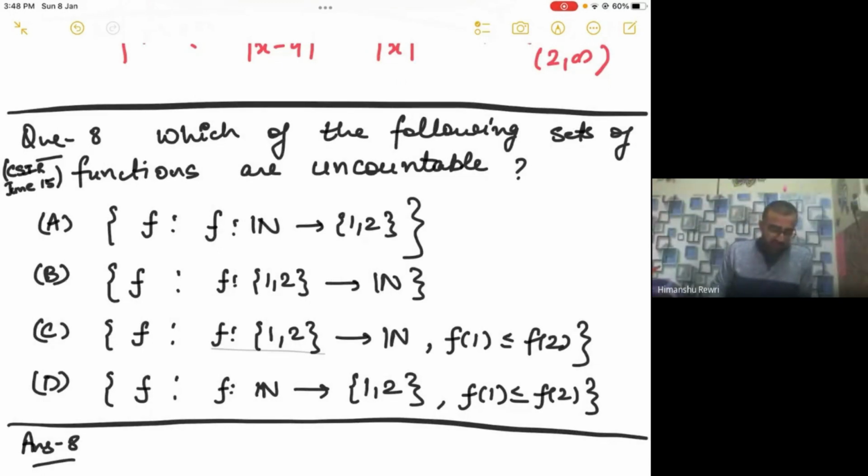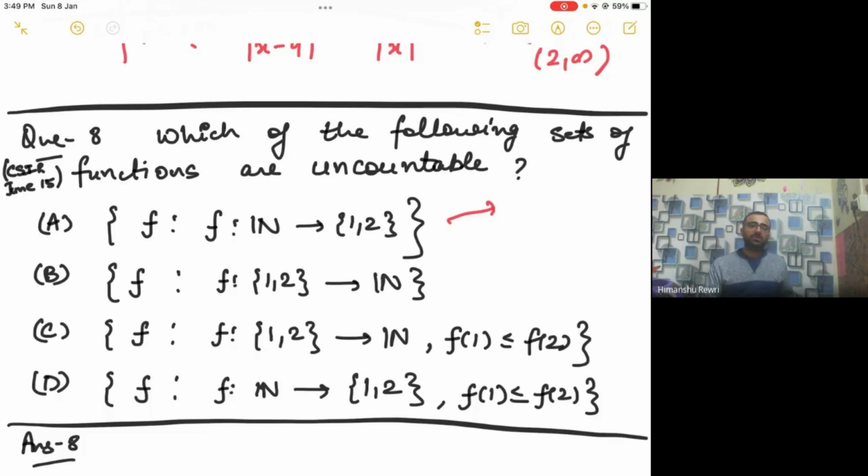These are collections of all functions, and we have to comment on which of the following sets are uncountable. Option A: the collection of all the functions from natural numbers to {1, 2}.